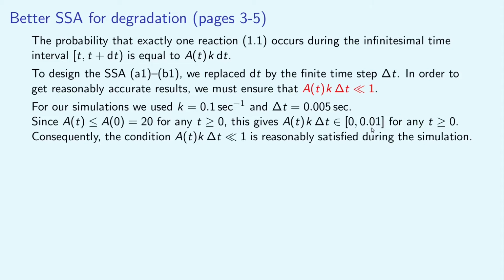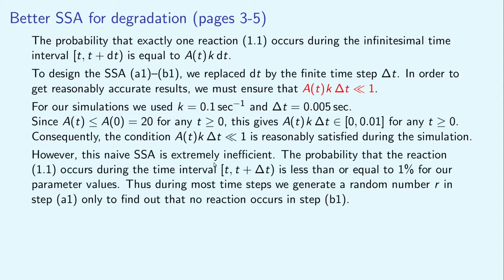Since the probability of a reaction occurring during one time step is less than or equal to 1%, or 10 to minus 2, the probability of two reactions taking place is about 10 to minus 4. Therefore, the simulation error is negligible, and it could even be made smaller by choosing an even smaller time step. However, choosing the time step delta t smaller makes the naive SSA extremely inefficient.